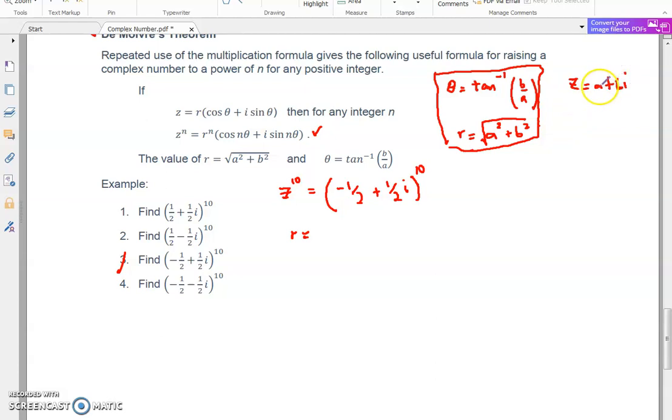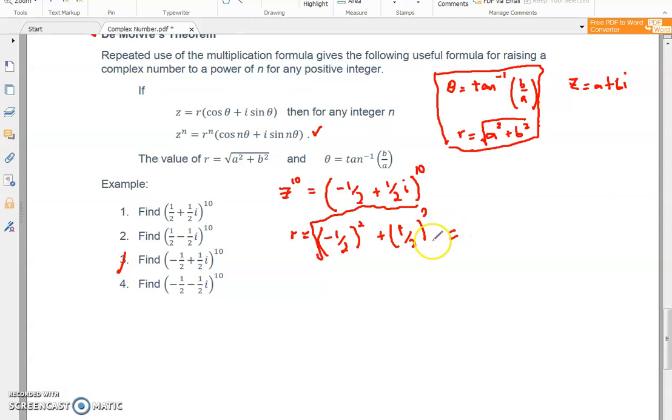By comparison, the real part is negative 1 over 2, so it will be negative 1 over 2 to the power of 2, plus b, which is 1 over 2, to the power of 2, and the square root of it.